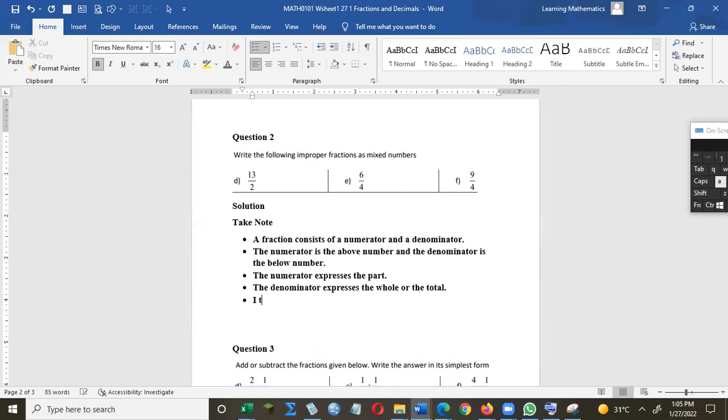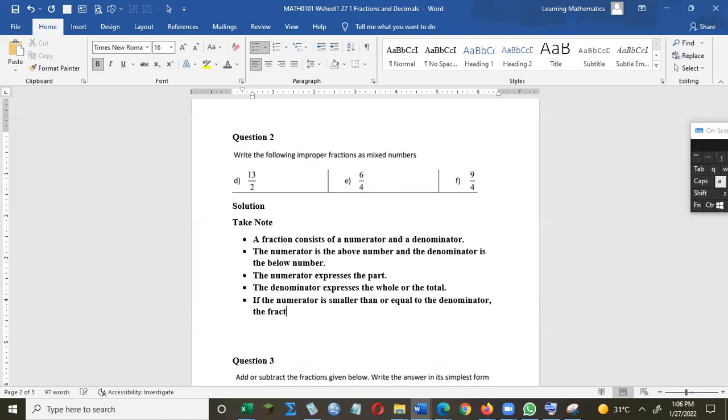If the numerator is smaller than or equal to the denominator of a fraction, the fraction is proper.